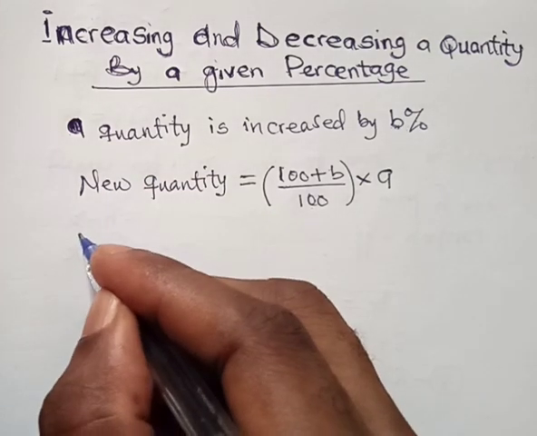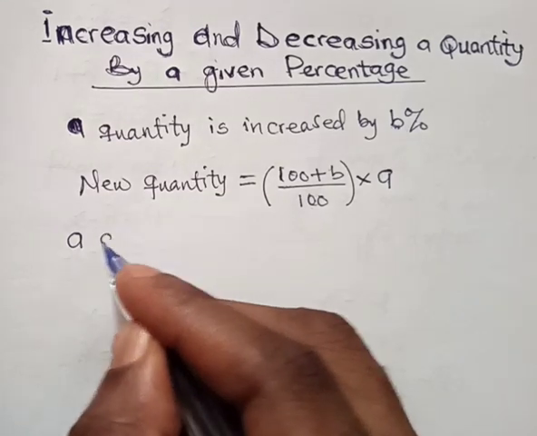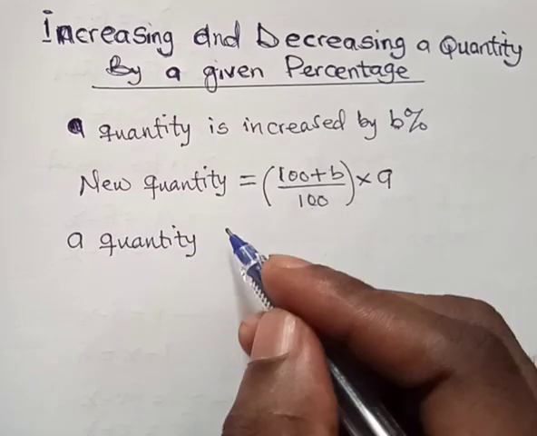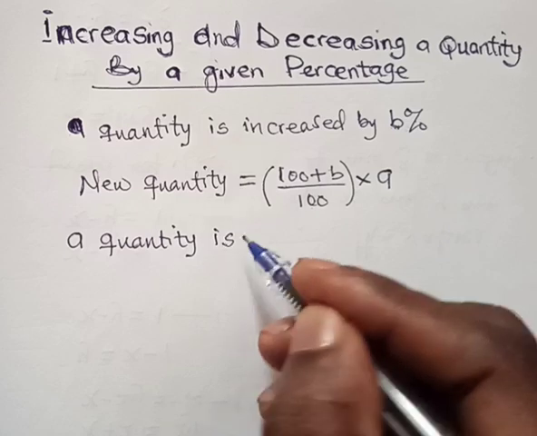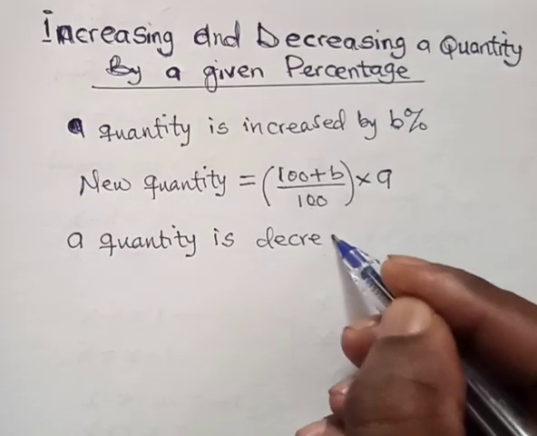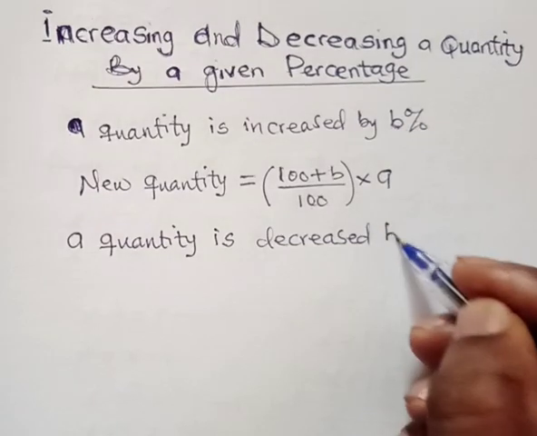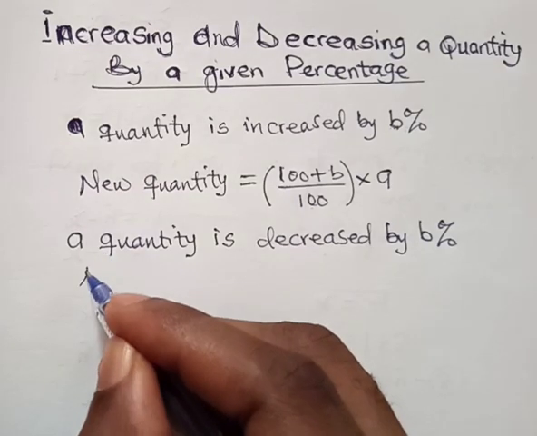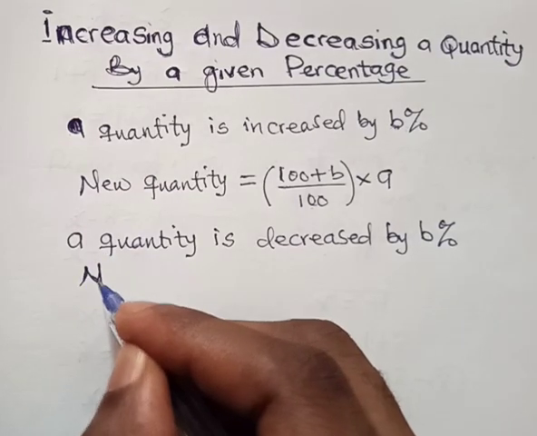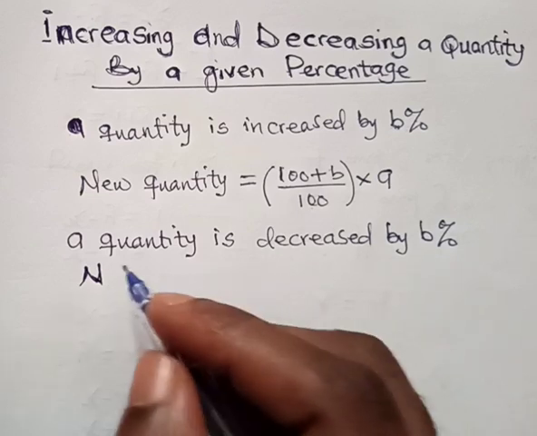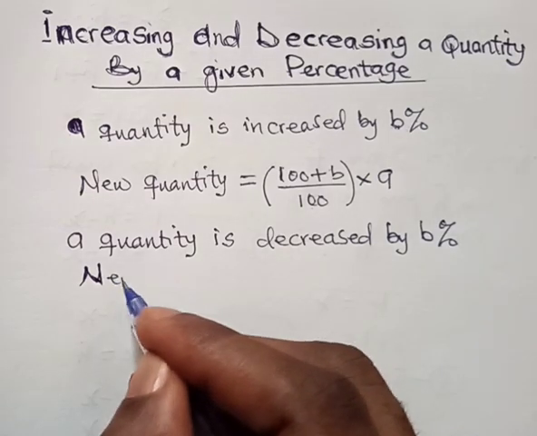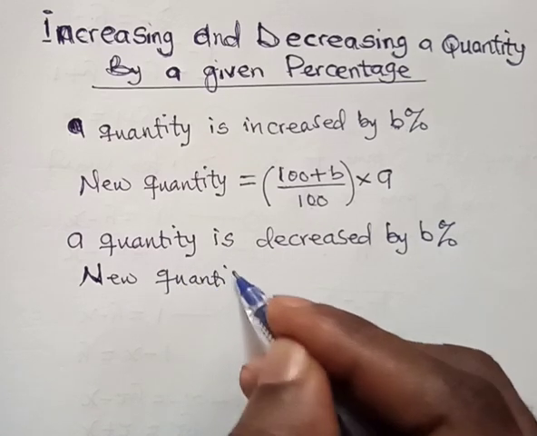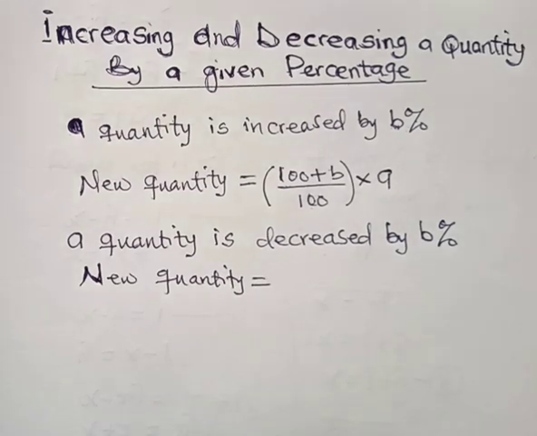The same way, if I'm to decrease the same A quantity by B percent, I want to know the new quantity. The new quantity or new value is also giving us this.